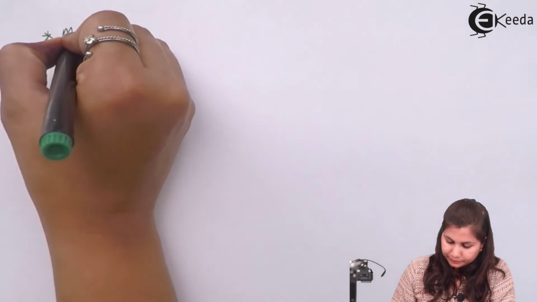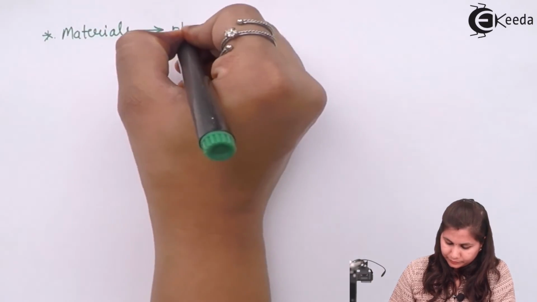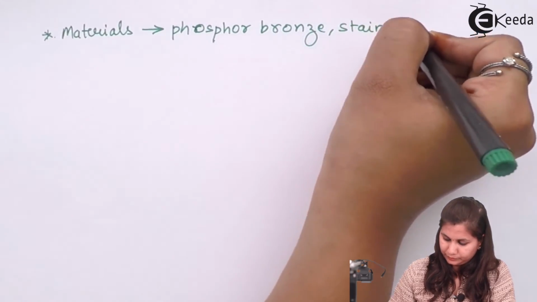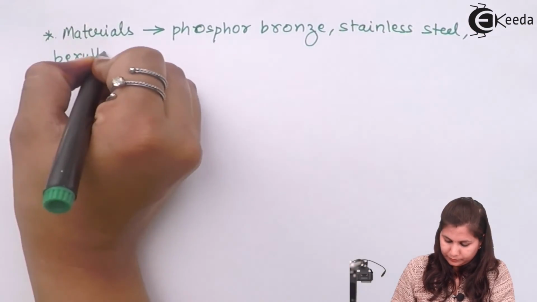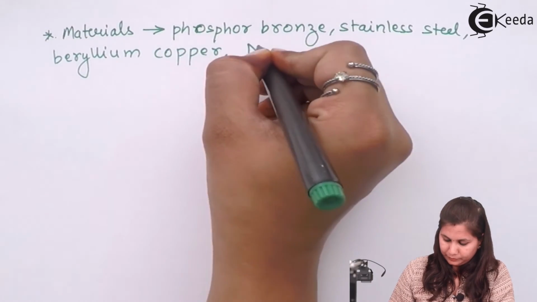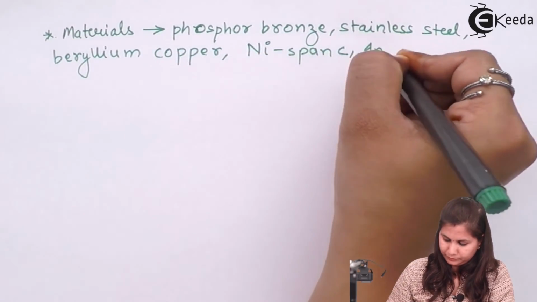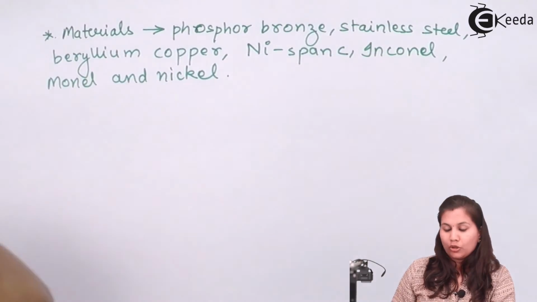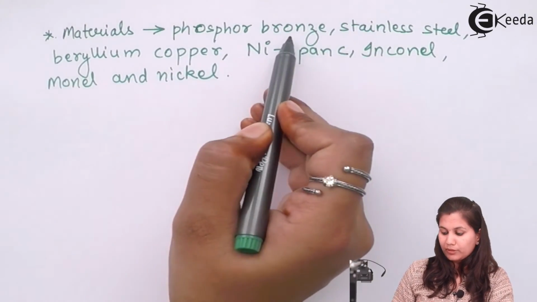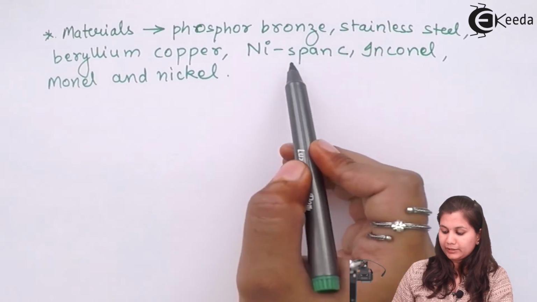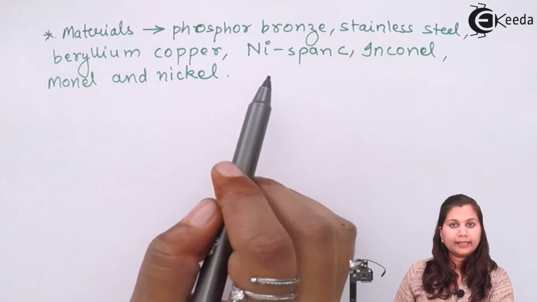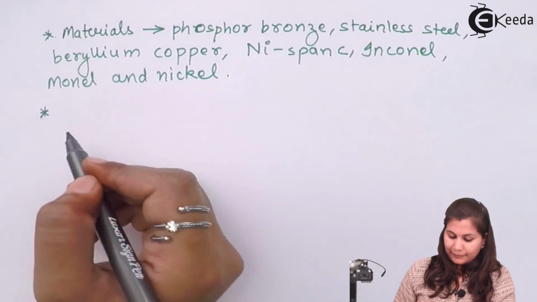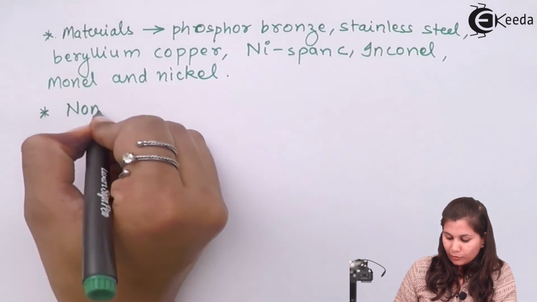The materials used are phosphor bronze, stainless steel, beryllium copper, nickel, Ni-Span, Inconel, Monel and nickel. Now in some applications non-metallic materials are also used.